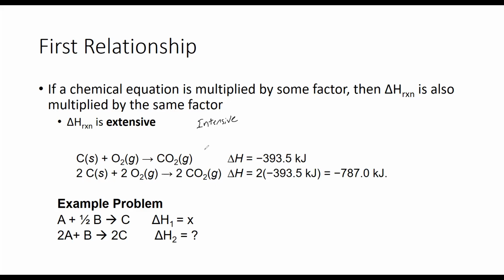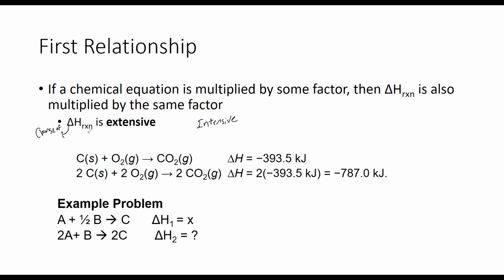And since the change in enthalpy of a reaction, remember, anytime you see delta, read that as change of, so change of H in a reaction, since it's extensive, we have some rules that will govern how delta H changes.